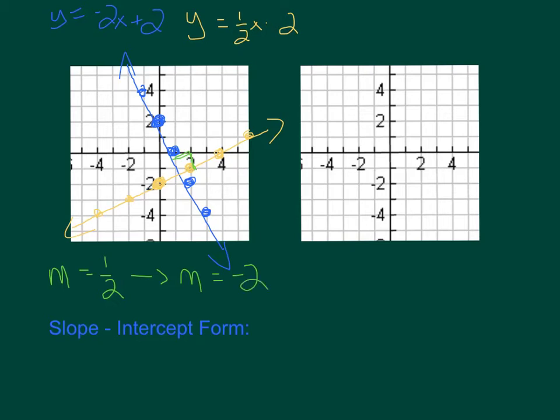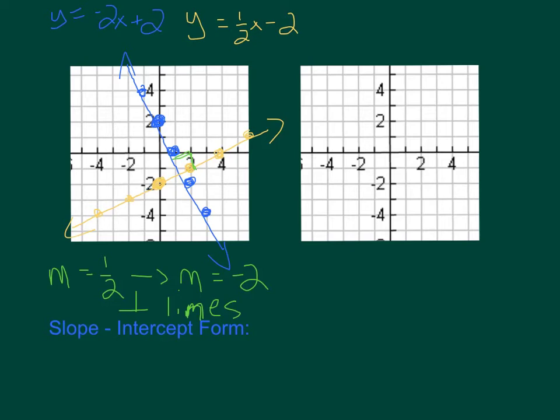Notice, I'm pulling the slopes from the equations right here. That's negative 2. Here's 1/2 right there. See them? Those are the slopes. Negative 2, 1/2. When the slopes are opposite reciprocals like that, you end up with perpendicular lines. That upside down T, that's the symbol for perpendicular.